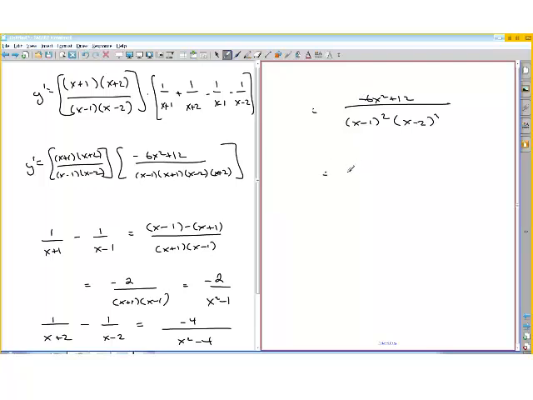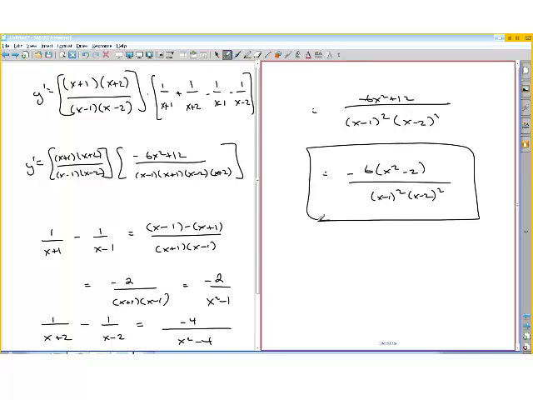And if you factor out a negative 6, you'll get x squared minus 2 divided by x minus 1 squared, x minus 2 squared. And that turns out to be your final simplified answer.